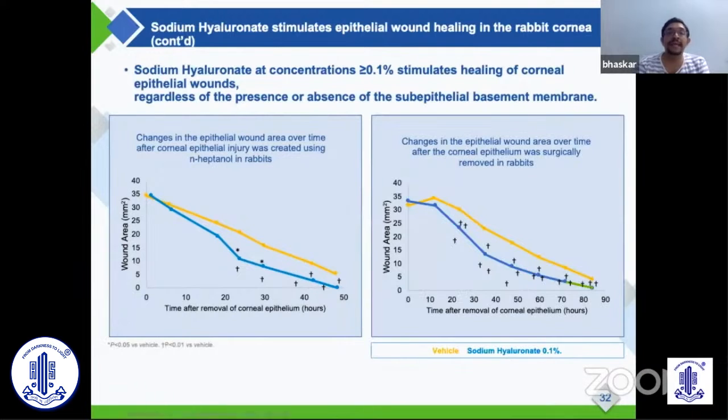So when we looked at the wound healing response in these rabbit corneas compared to vehicle, the 0.1% sodium hyaluronate stimulated wound healing regardless of the presence or absence of the epithelial basement membrane. But between a 0.1 and a 0.3, the 0.3 facilitated a faster epithelialization if the basement membrane was also damaged.